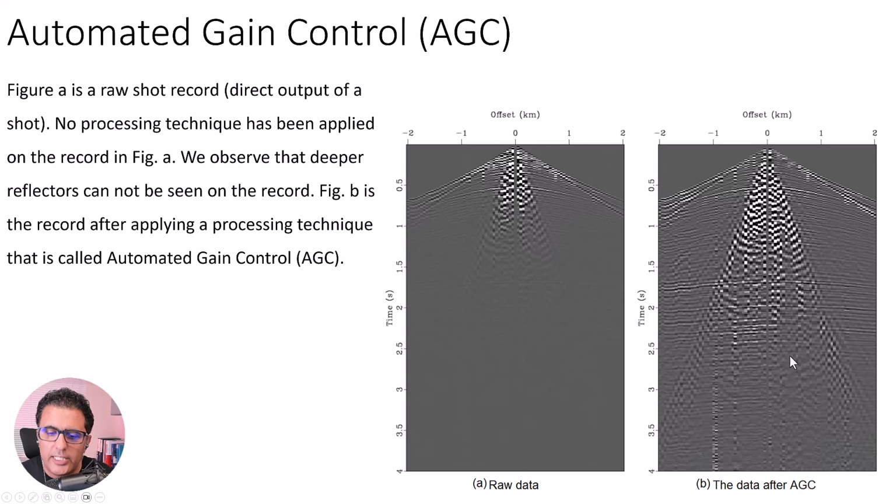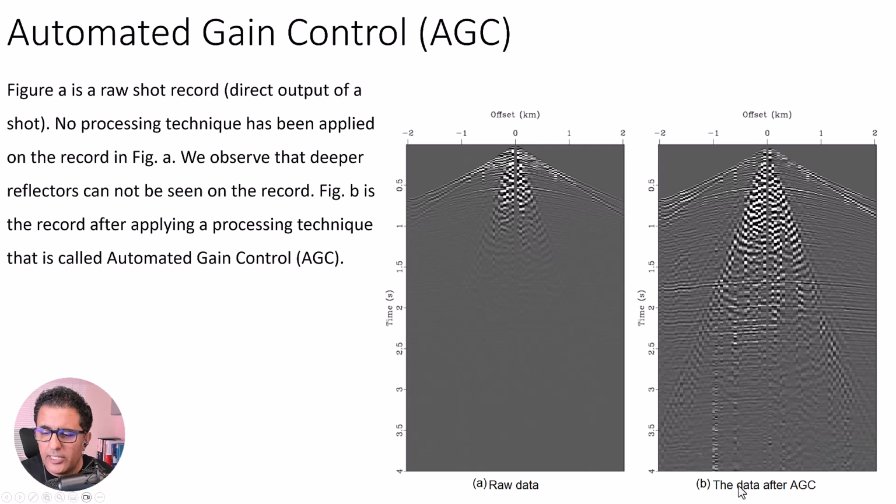What you see here in figure A is a raw seismic shot record. If we go to the field and collect some seismic data, and we don't apply any processing to our data, this is something that we should expect to see. And as you see, after about 2 seconds, we see no significant seismic energy or seismic event.